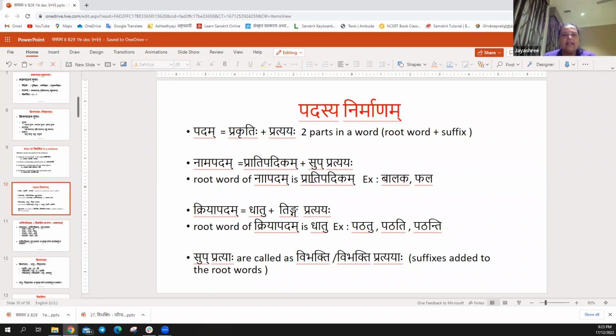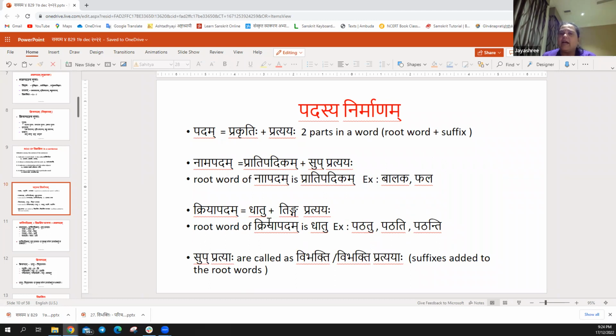All right. Are you getting it? So in Namapadam, the root word is called Pratipadika, plus Supratyaya. When we add a Pratyaya, that is a suffix, we get Balaka. That way. All right, and Kriyapadam as well. For Kriyapadam, the root word is called Dhatu.